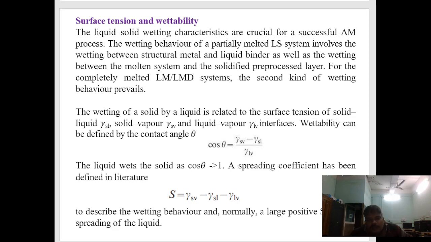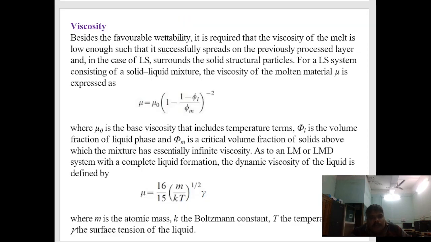The wetting of a solid by a liquid is related to the surface tension of the solid-liquid, solid-vapor, and liquid-vapor interfaces. Wettability can be defined by contact angle. The liquid wets the solid as cos theta is greater than 1. A spreading coefficient has been defined in literature to describe the wetting behavior, and normally a larger positive value favors spreading of the liquid.